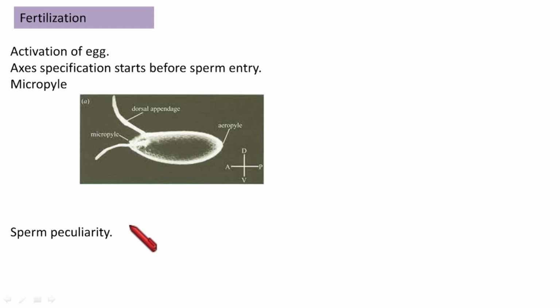And one more difference when compared with the higher forms: in higher forms, the sperm breaks down its cytoplasm before entering the egg. But here there is no such breaking down of cytoplasm. The sperm as such enters the Drosophila egg completely.